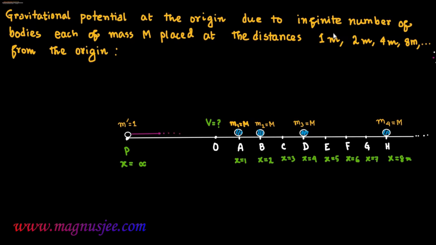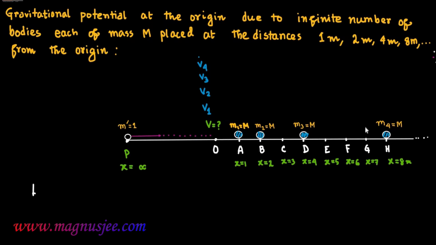The test body of unit mass is brought from the point P to O. That means the test body is brought from infinity to the origin, and V1 is the gravitational potential at O due to the body of mass m1.